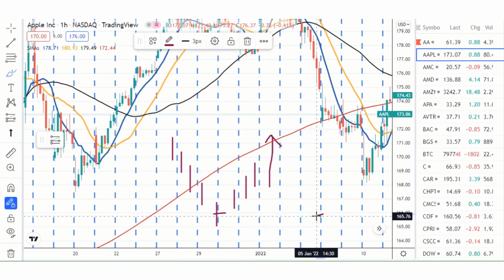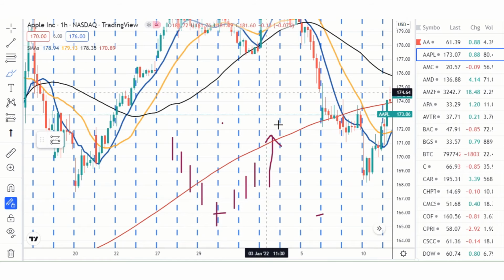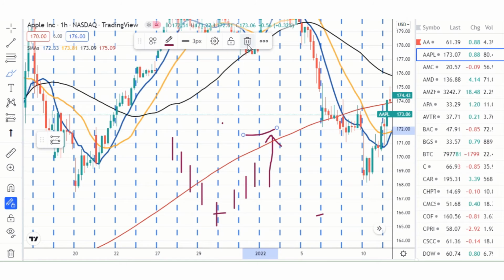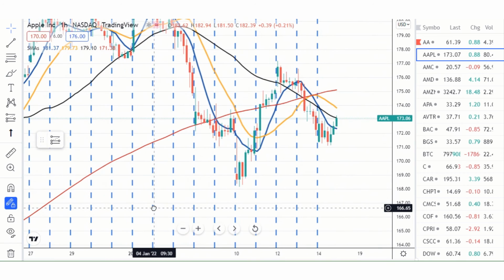All right, let's see if we find an example of a morning star candle. I'm trying to get rid of this drawing. Okay, here's one.